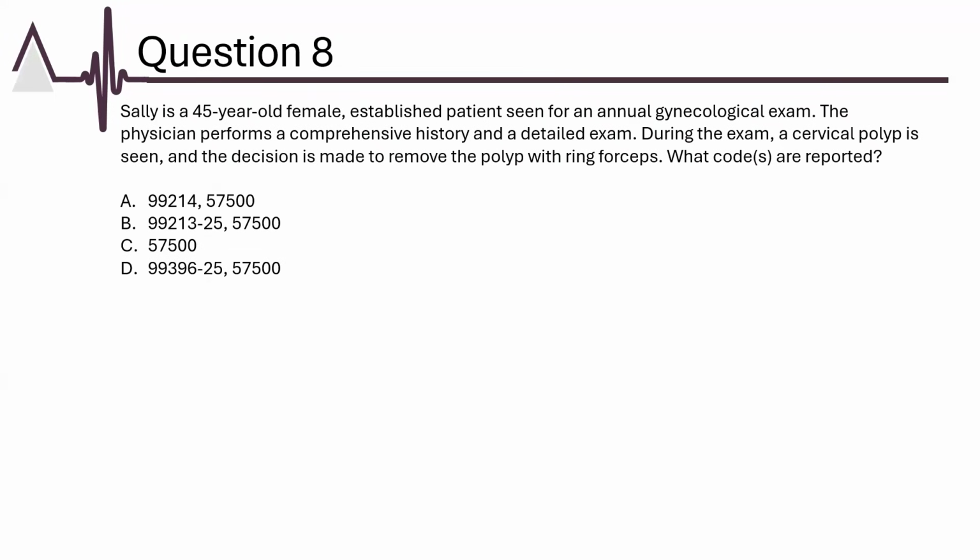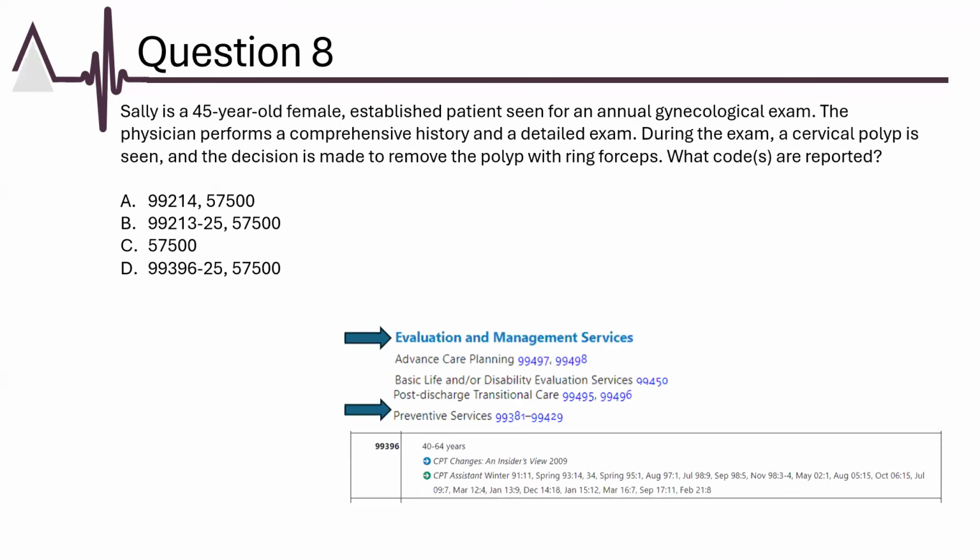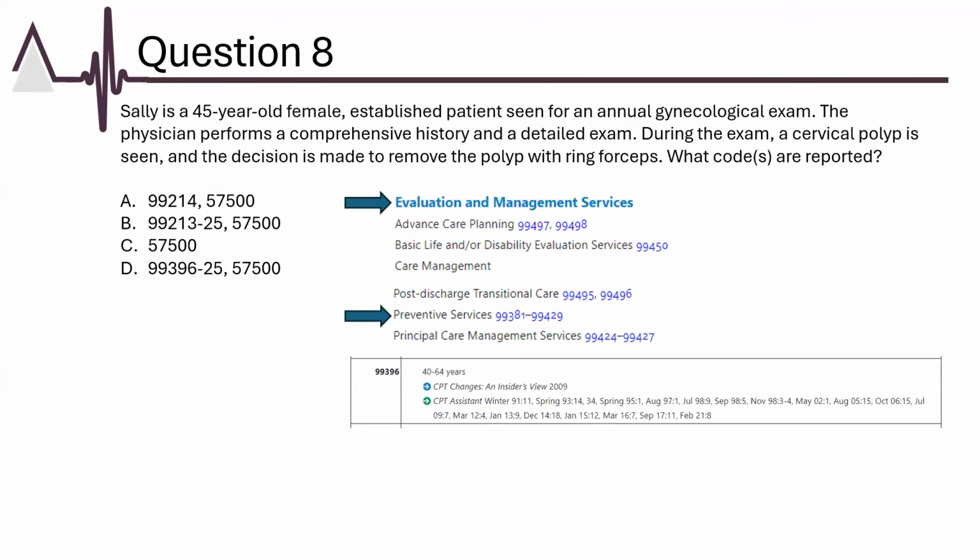The patient was seen for an annual gynecological exam. This is a preventative service. Preventative services are found under evaluation and management. Look in the CPT index for evaluation and management preventative services, referring you to 99381 through 99429. Code selection is based on the age of the patient and whether the patient is new or established.